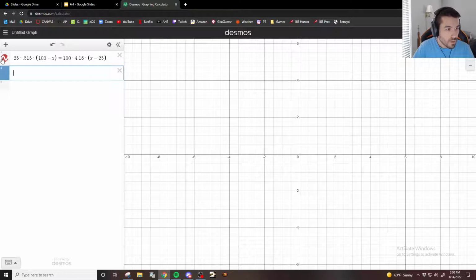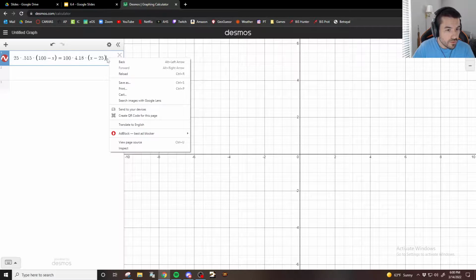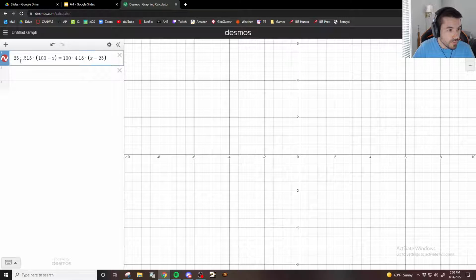Okay, let's see. I want to solve for x here. What do I do? You guys can tell I am not a big Desmos person. How do I get this to solve for x?